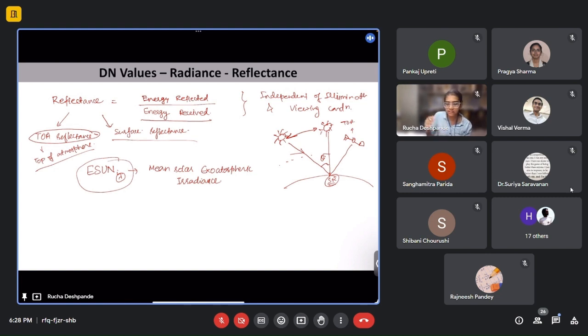This irradiance will be highest at the zenith, and as the angle becomes higher and higher, it will start decreasing. So we multiply by cos theta to take care of this angular factor, so to take care of the solar geometry. So the energy received term becomes E sun I lambda into cos theta. Or sorry, it's cos z.